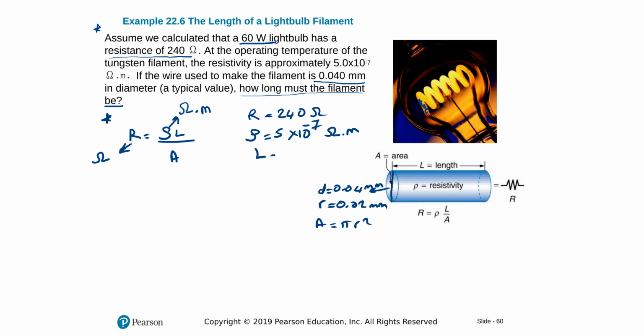So we're asked to find L, and we'll solve for that. Simply cross multiply and divide each side by rho, and you'll have R times A over rho. Input everything and solve for the length.